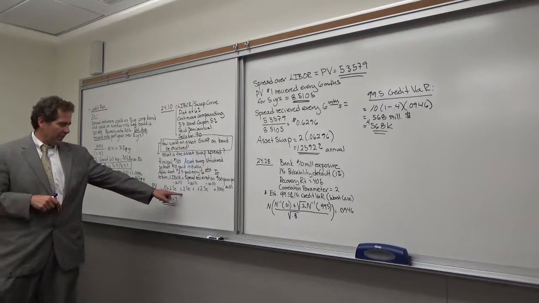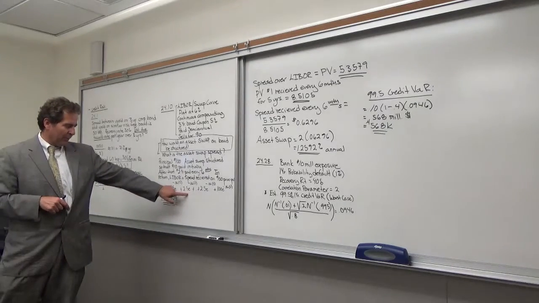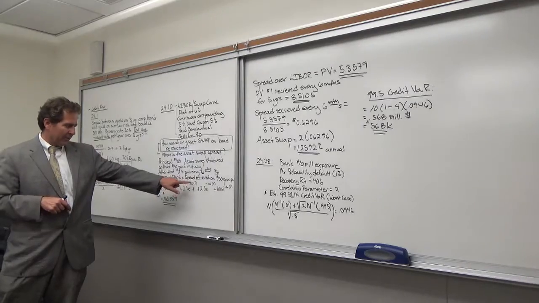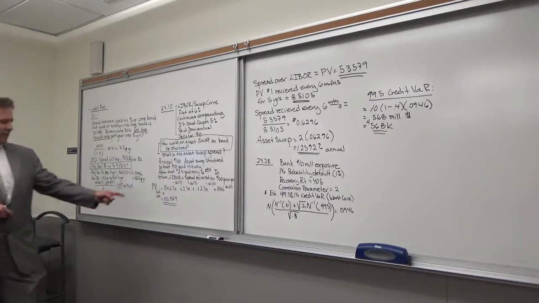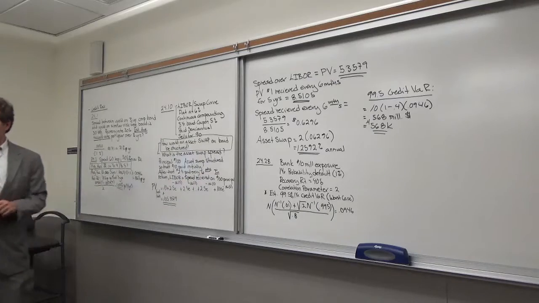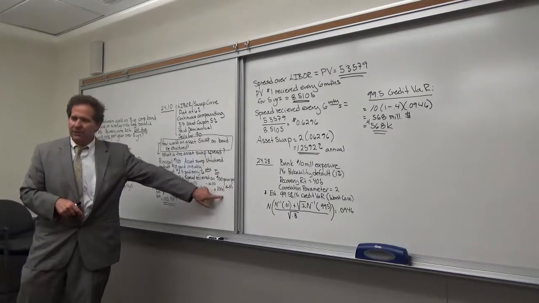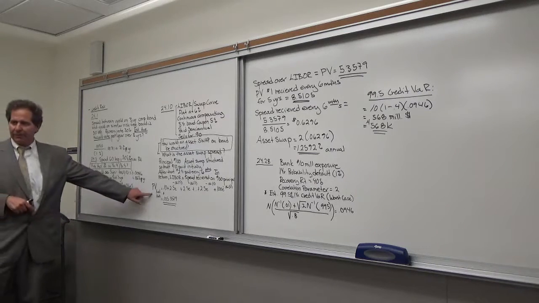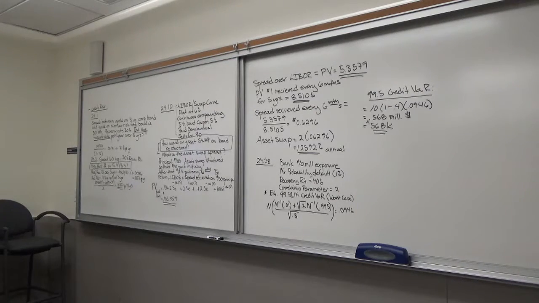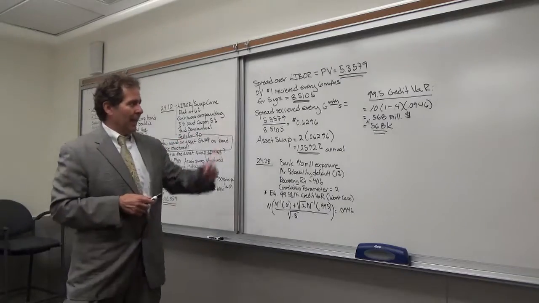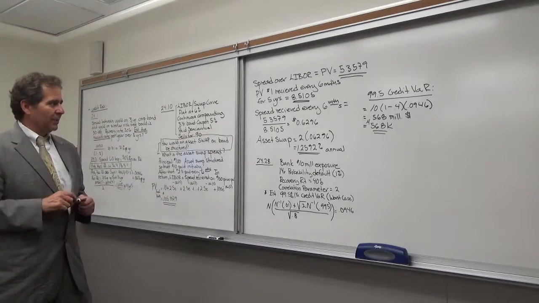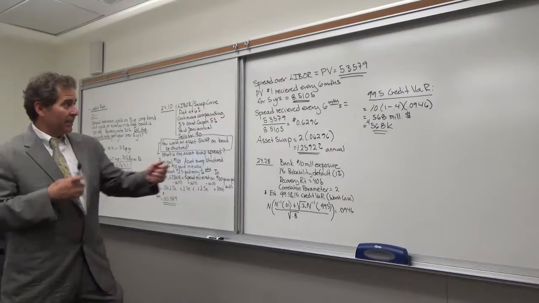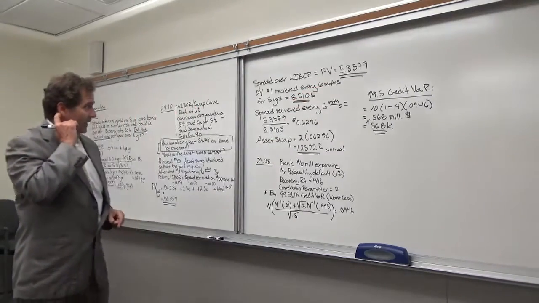Then you're going to add that 2.5 times e to the negative 0.06 times 1, and then you replicate those payments out and take the principal amount at the end to calculate the present value of the principal payments. So you come up with the present value of the principal payments first. Then you look at the spread over the LIBOR, and you calculate the present value for that, which in this case is 5.3579.